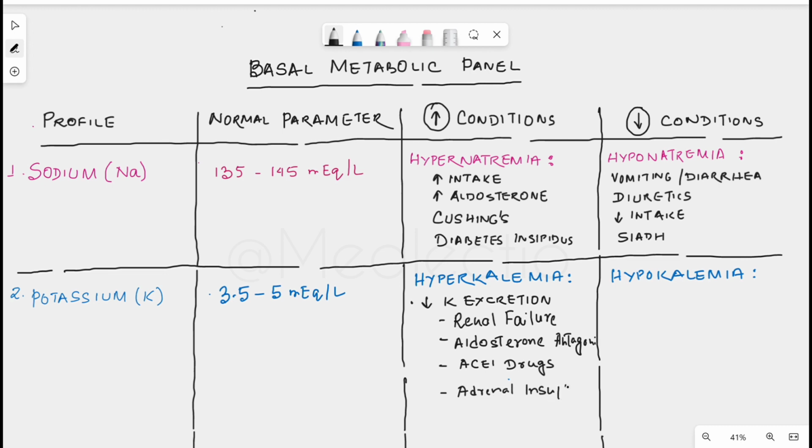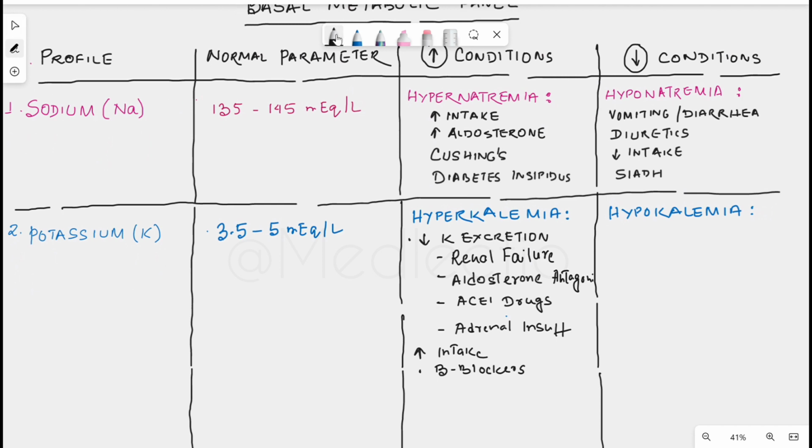Adrenal insufficiency too. Increased intake can result in hyperkalemia. Then beta blockers can result in hyperkalemia, but these are rare side effects; beta blockers are pretty much safe drugs.